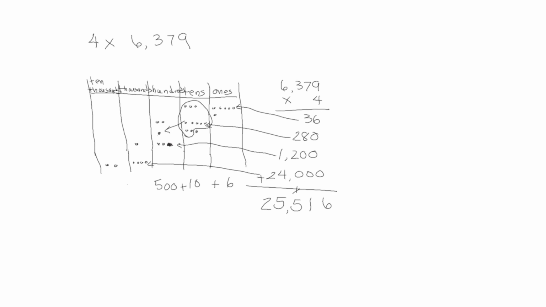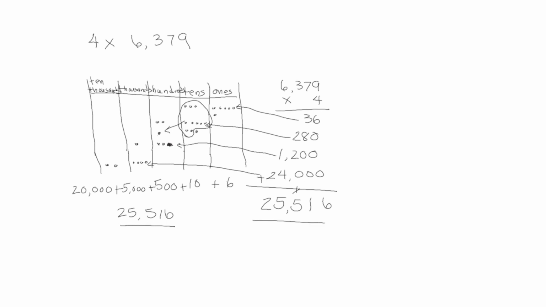And we also have 5 thousands. And we have 2 10,000s, which is 20,000. And if we add 20,000 plus 5,000 is 25,000. 25,516.